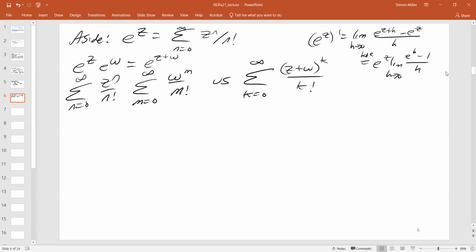And we hope we can make an argument like that. But to do that, we need to know that the product of the exponentials is the exponential of the sum. So we have to prove this.